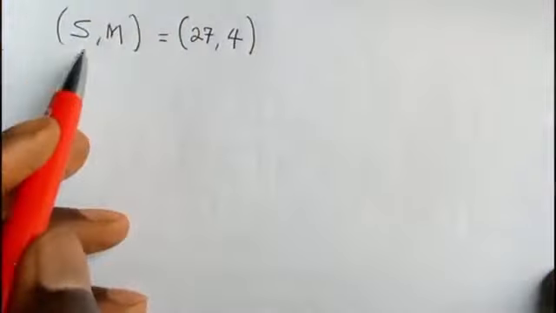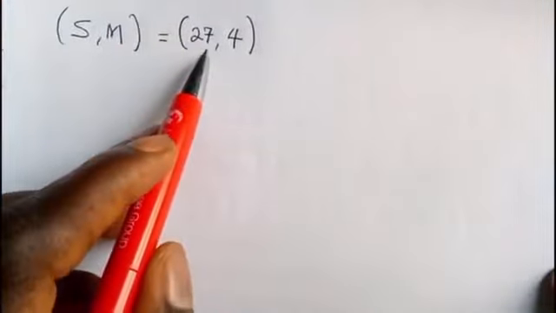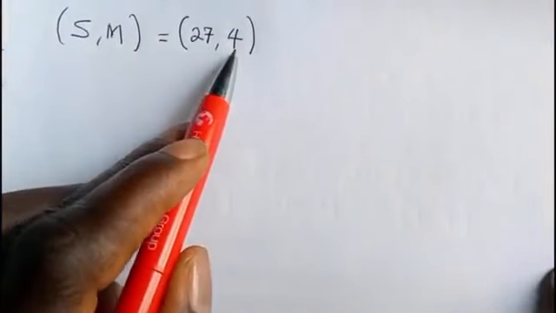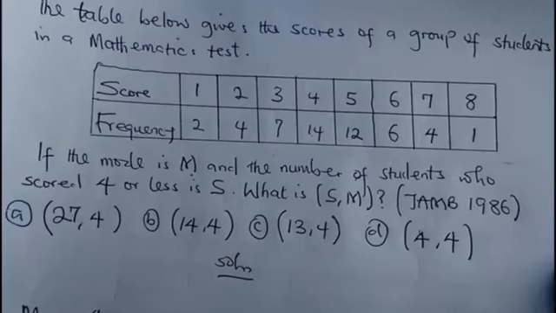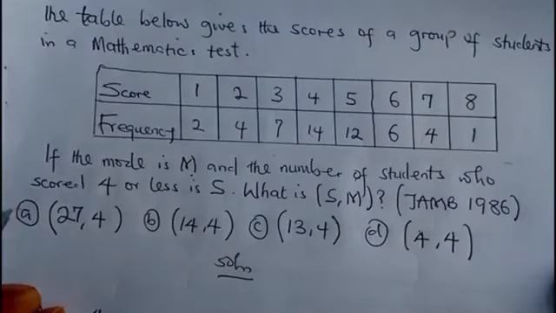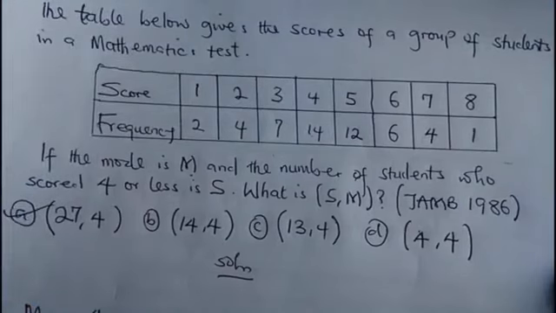S, M equal to, our S was found to be 27, while our M was found to be 4. Meaning that S, M is equal to 27, 4. That corresponds with option A, which is 27, 4.